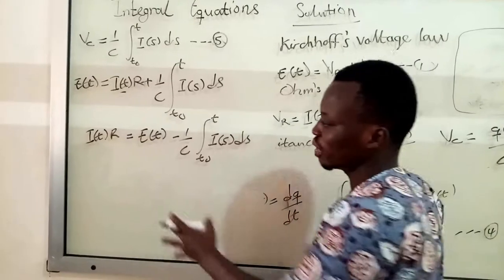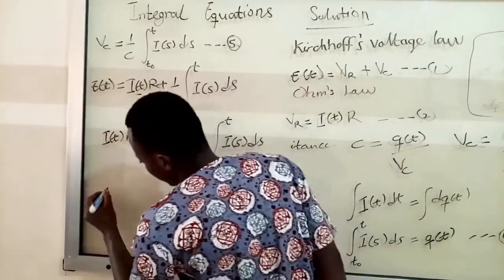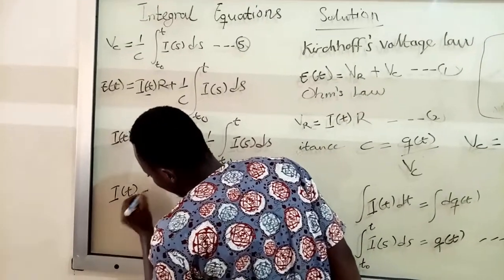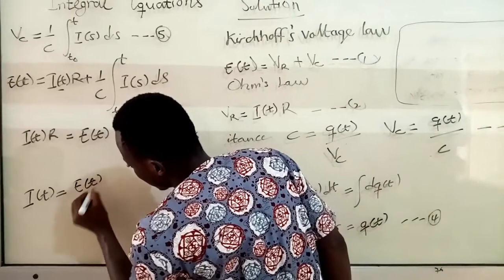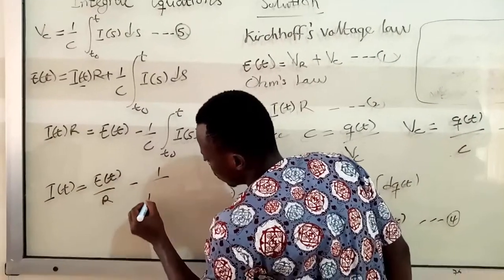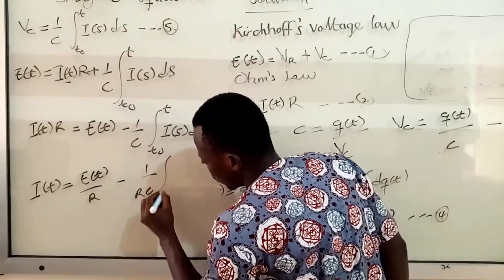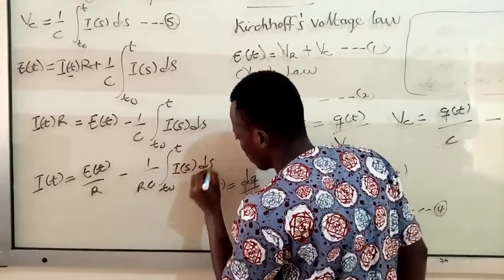Now let's divide each term of the equation by R. Then I of t will be equal to E of t divided by R minus 1 over RC integral from t naught to t of I of s ds.